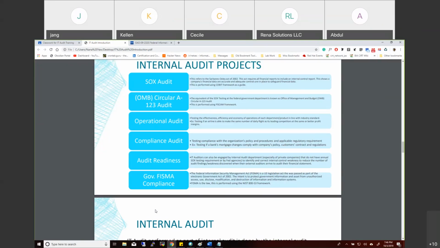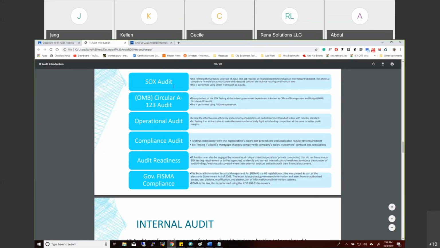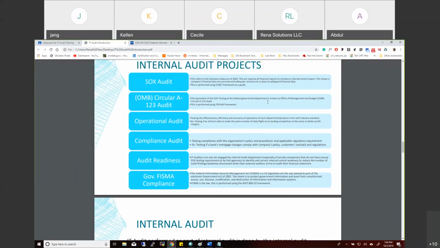All right, let's continue. So the next type of internal audit project is OMB Circular A-123. This project has the same requirement as SOX, where the government, the federal financial departments, have to disclose their financial performance, and the reporting members of the company also need to disclose where they're investing their money and things of that nature.